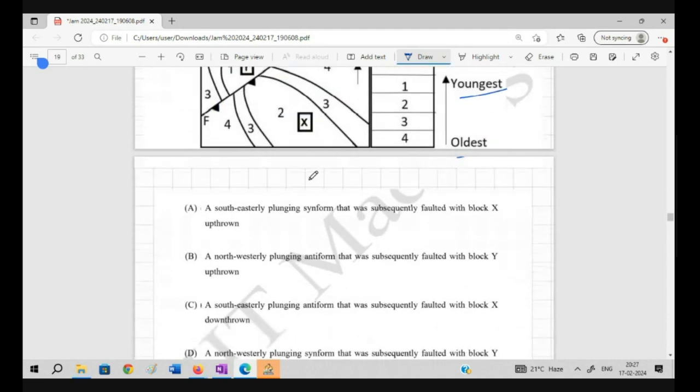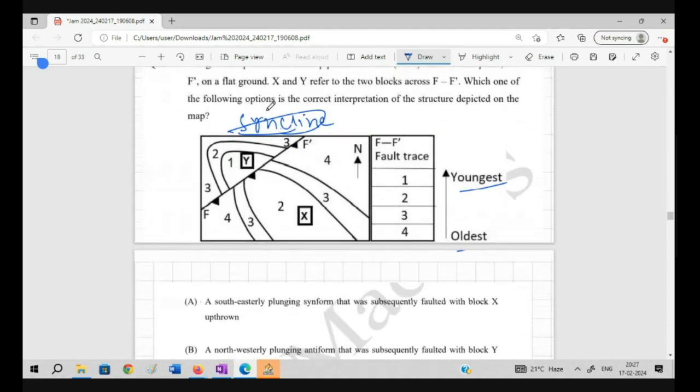Okay, so if we consider it as a synform, because another thing is there: if you remember the principle of horizontality and also the principle of superposition, then you should know that the younger beds are always found along the dip direction, is it not? Yes sir, obviously.